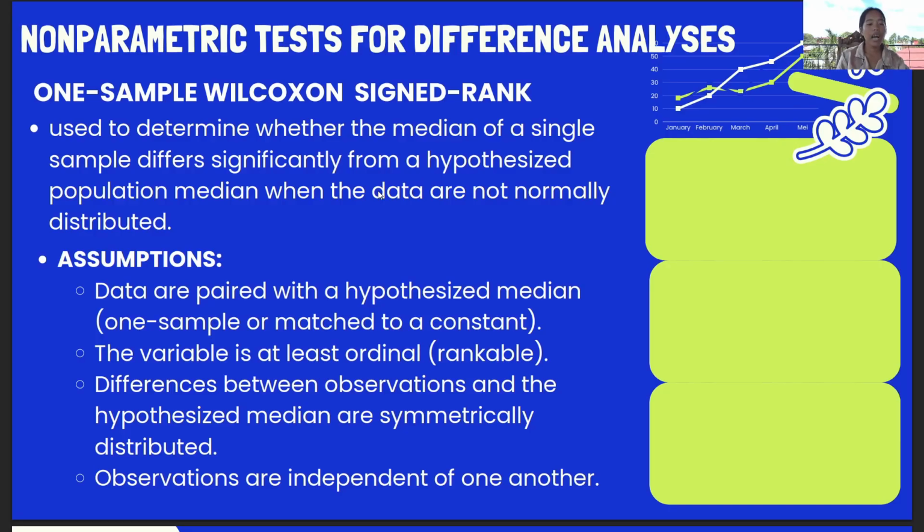But again, there are certain assumptions that need to be met. First, data are paired with a hypothesized median, or one sample matched to a constant. Second, the variable is at least ordinal or rankable. Third, differences between observations and the hypothesized median are symmetrically distributed. And the fourth, the last one, is observations are independent of one another.